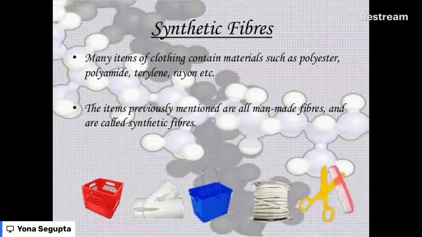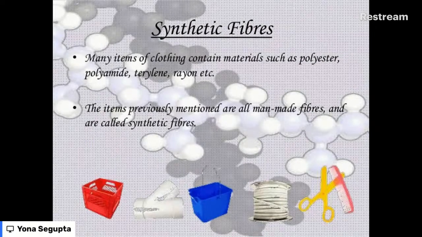Right. Now, many items of clothing contain materials such as polyester, polyamide, terylene, rayon, etc. Now, I can tell you some synthetic fibers like rayon, nylon, polyester and acrylic, and many more.